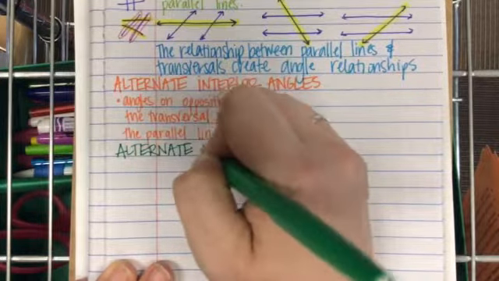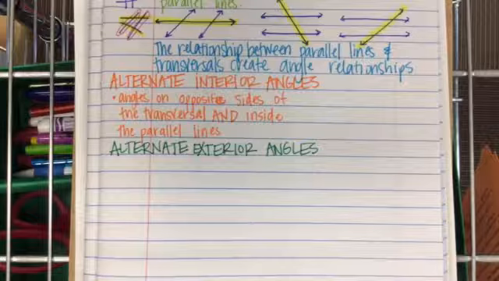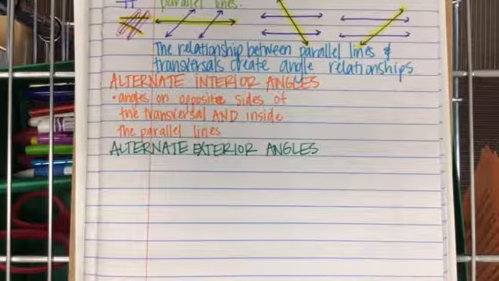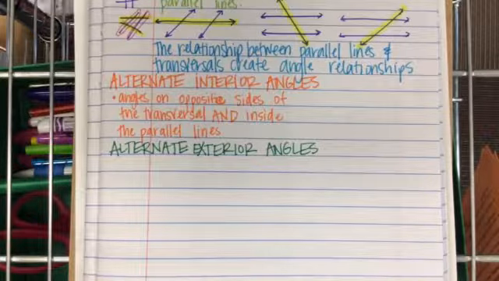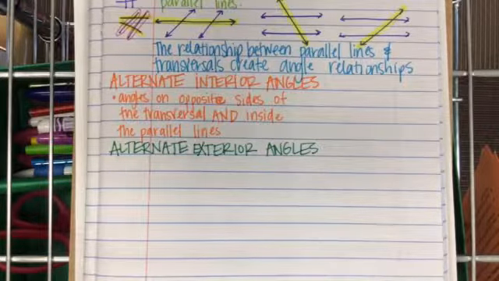Alternate exterior angles. What do you think those mean?